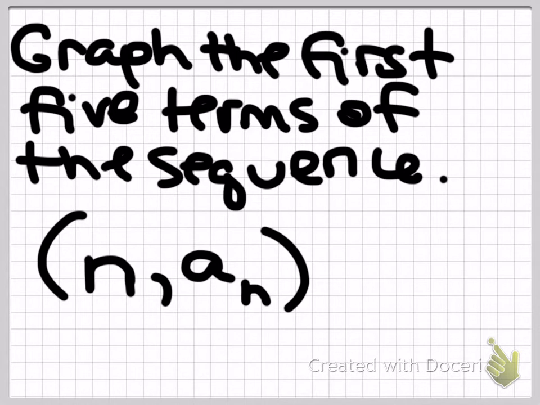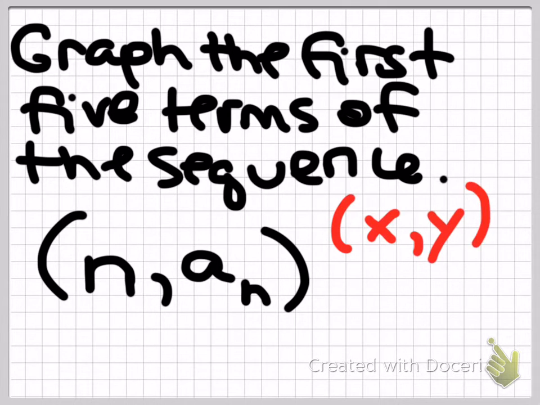Now we're going to graph the first 5 terms of the sequence. So when you're graphing, usually we think of x comma y, but when we have a sequence, it's going to be n comma a sub n. So if you think about the first term, it says the first 5 terms.